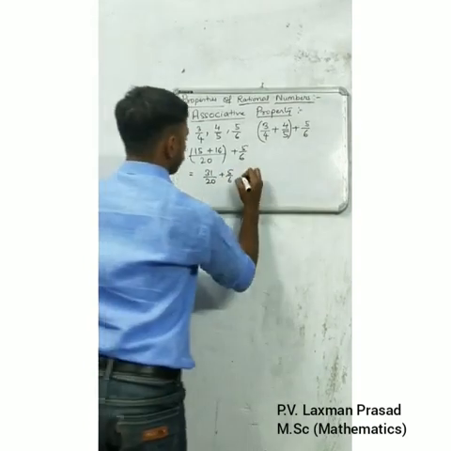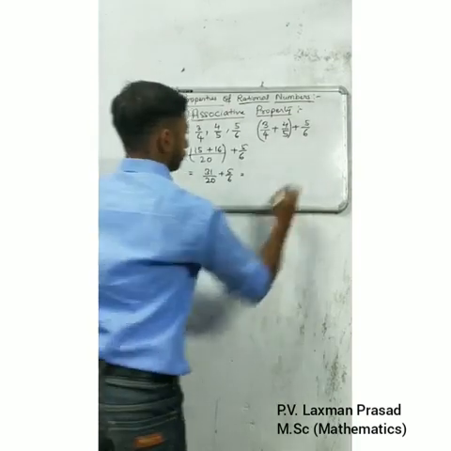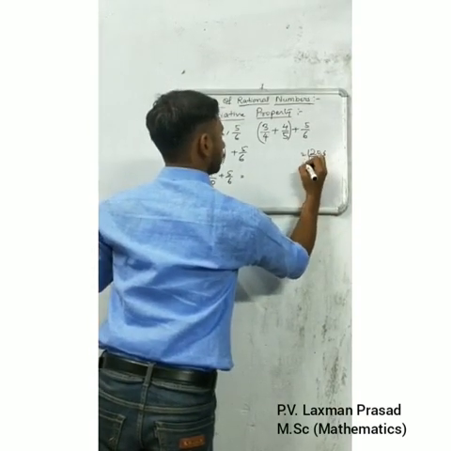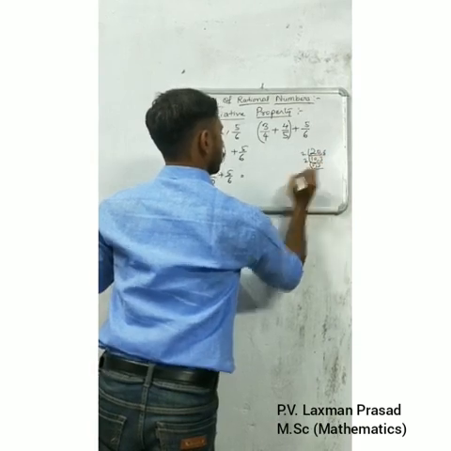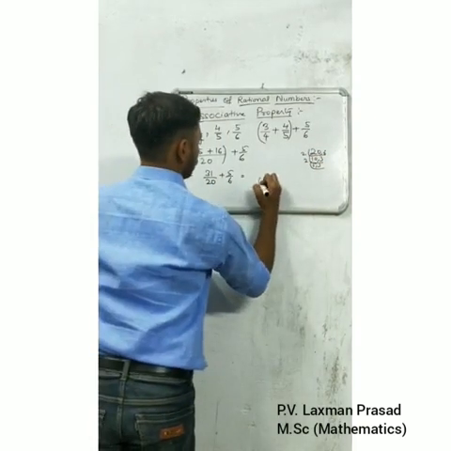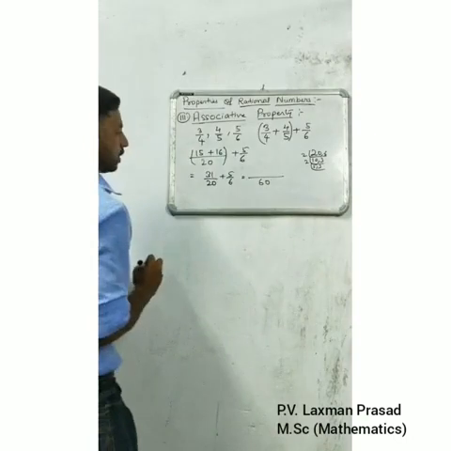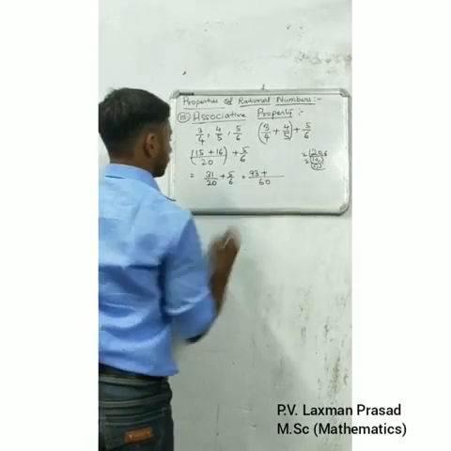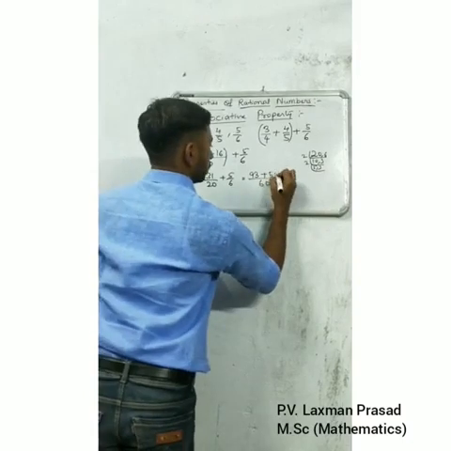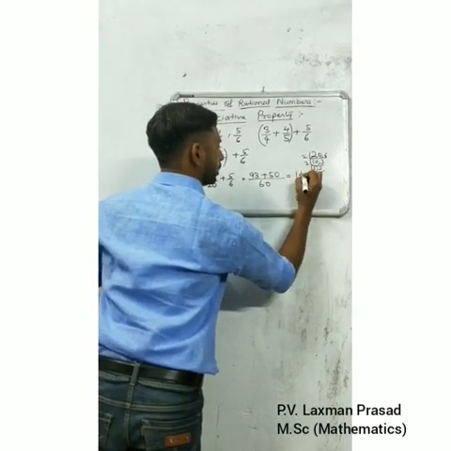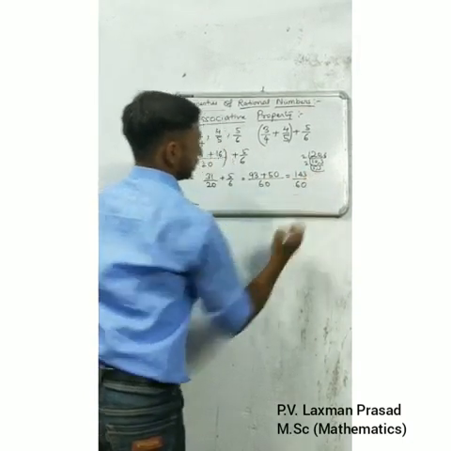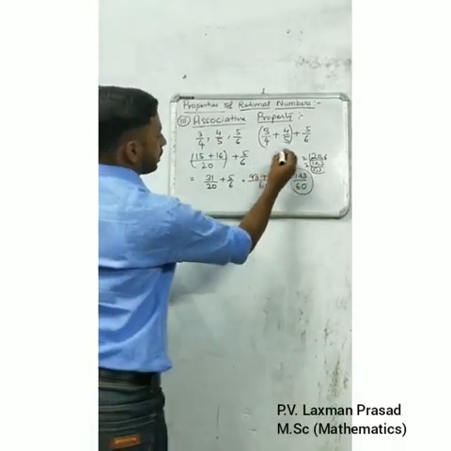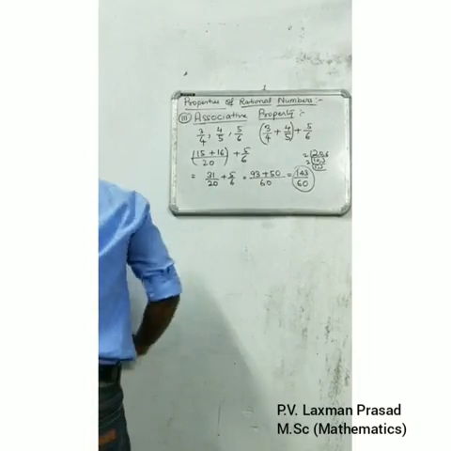The LCM of 20 and 6 is 60. So what we will get? We will get 93 here plus 50. The result is 143 by 60. This is the result that we obtained by placing a bracket here and then adding everything.